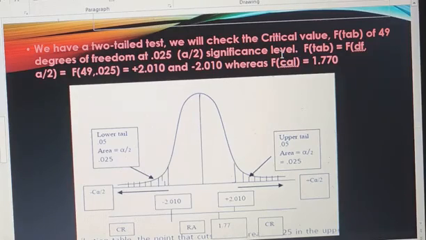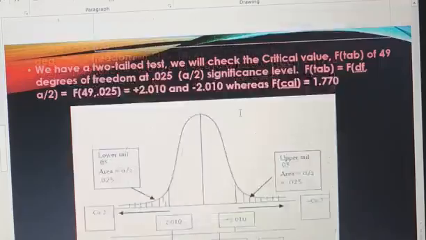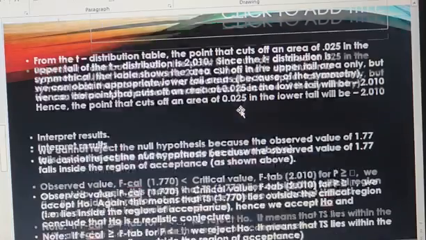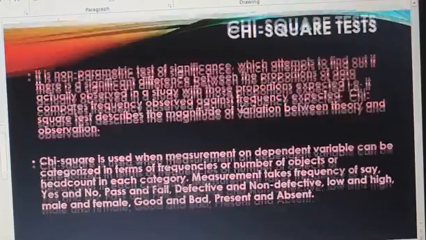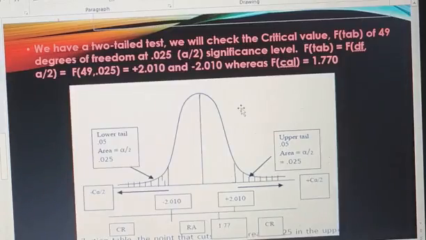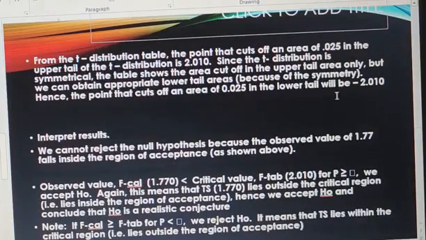From the t distribution table, the point that cuts off an area of 0.025 in the upper tail of the t distribution is 2.010. Since the t distribution is symmetrical, the table shows the area cut off in the upper tail only, but we can obtain appropriate lower tail areas because of the symmetry.